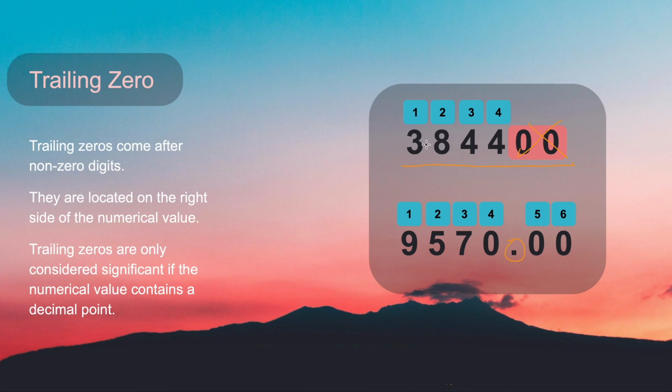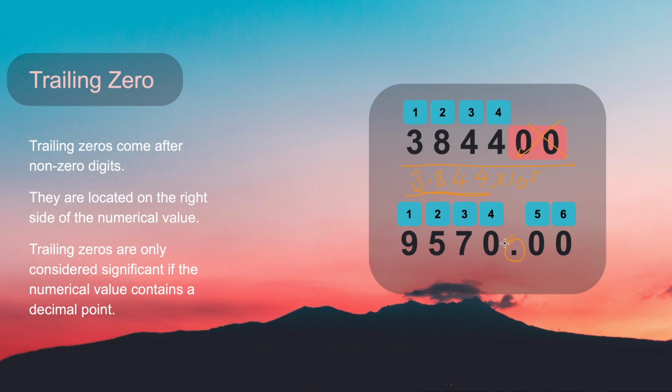So, for example, here we can neglect them because we can also write it as 3.844 times 10 to some power, and here we have 4 significant figures.